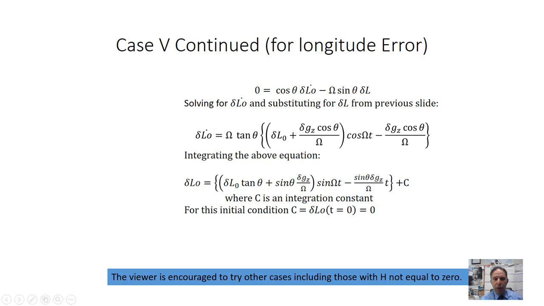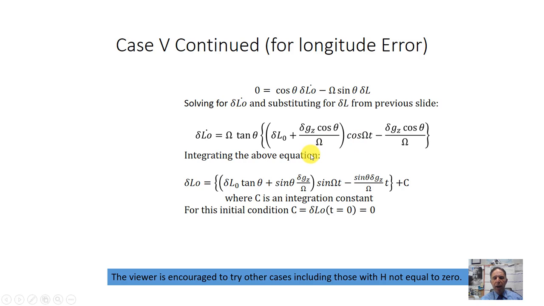The first equation is one of our fundamental error equations. Taking that fundamental error equation and now solving for delta LO dot, we get delta LO dot equals omega tan latitude times this expression in brackets, which was the error in latitude from the previous slide.